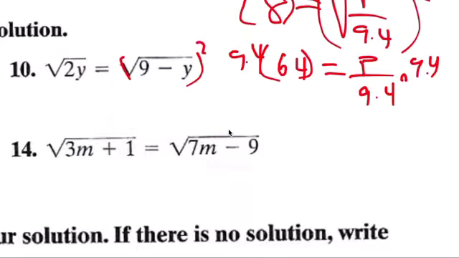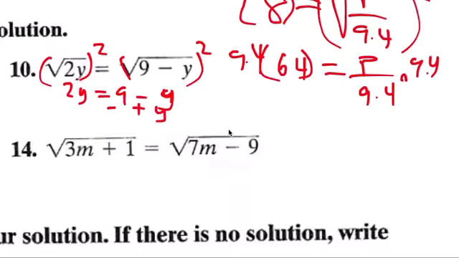Okay. You get 2y equals y minus 9. Add 9 minus y. Add y. Get 3y equals 9.